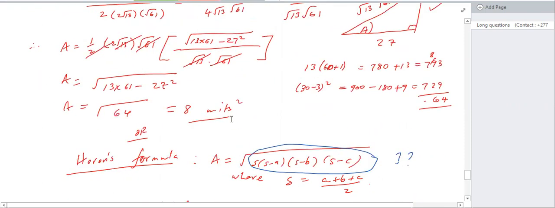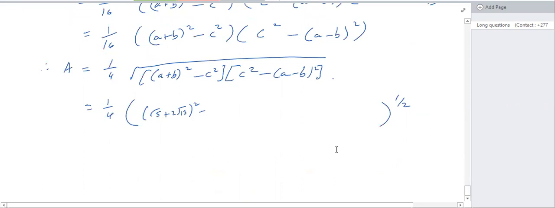Yes, 61. Into C squared, which is 61, minus root 5 minus 2 root 13 squared.